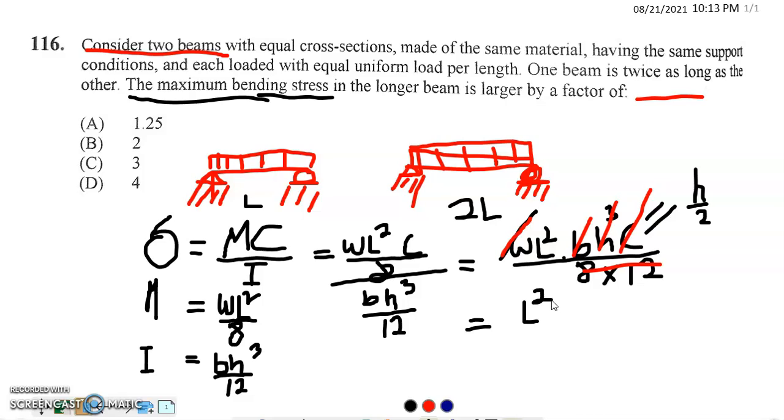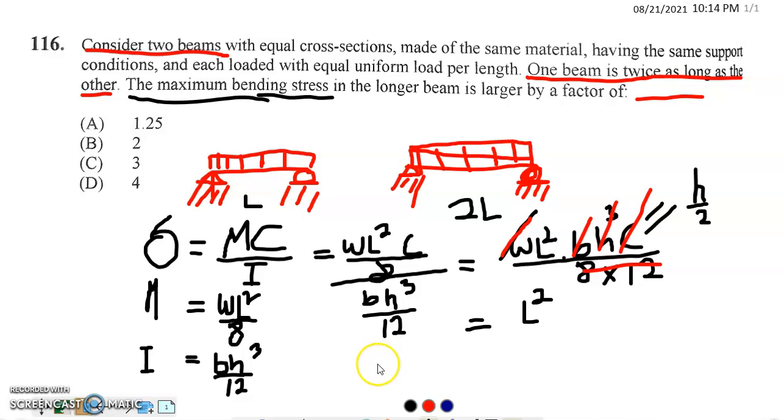If you read the question carefully, one beam is twice as long as the other. That's the only thing that changed. Everything else remained the same. So in this case it's L squared.